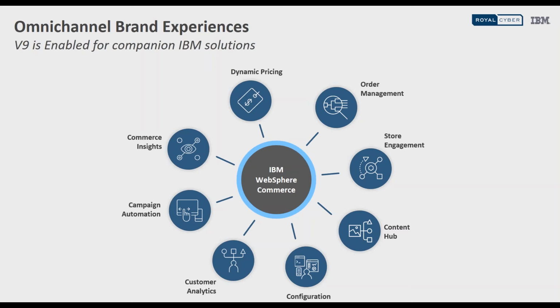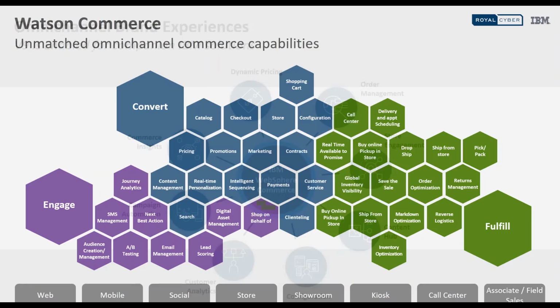As you can see on the screen, all these components which were originally part of IBM WebSphere Commerce have been broken down into different modules as part of Watson Commerce version 9.0. Whether it's dynamic pricing, customer insights, campaign automation, customer analytics, configuration of your e-commerce platform, content hub, store engagement, or order management, these are all companion offers that work very well with Watson Commerce.